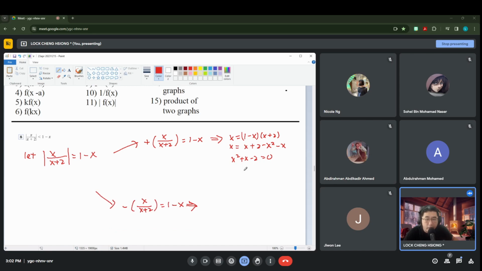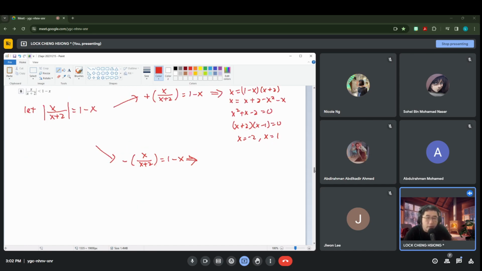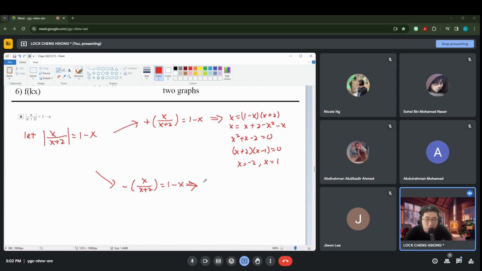Then I have x plus 2, x minus 1 equals 0, x equals negative 2, x equals 1. Then I have the second set of answers. Negative x equals 1 minus x times x plus 2, so minus x equals x plus 2 minus x squared minus x. I have x squared minus x minus 2 equals 0, x minus 2, x plus 1 equals 0, x equals 2, x equals minus 1.